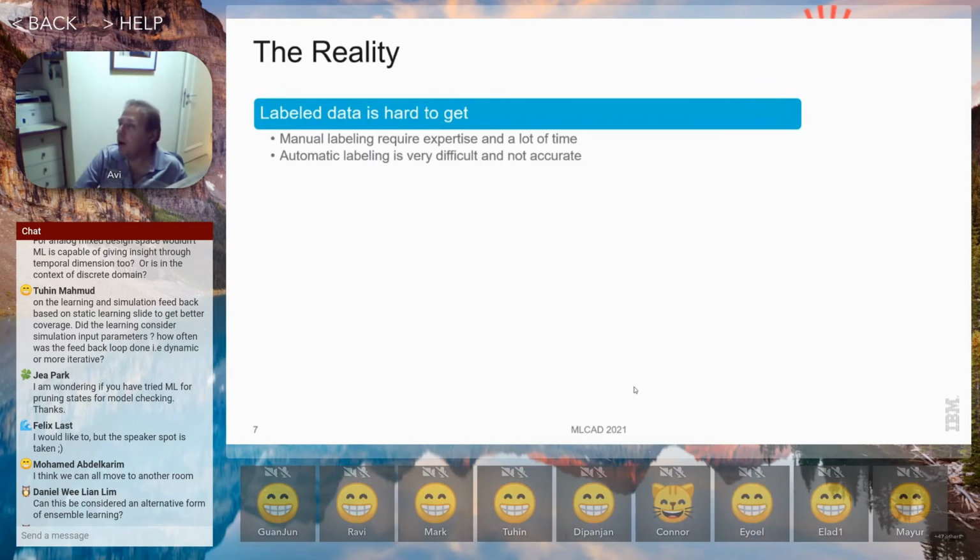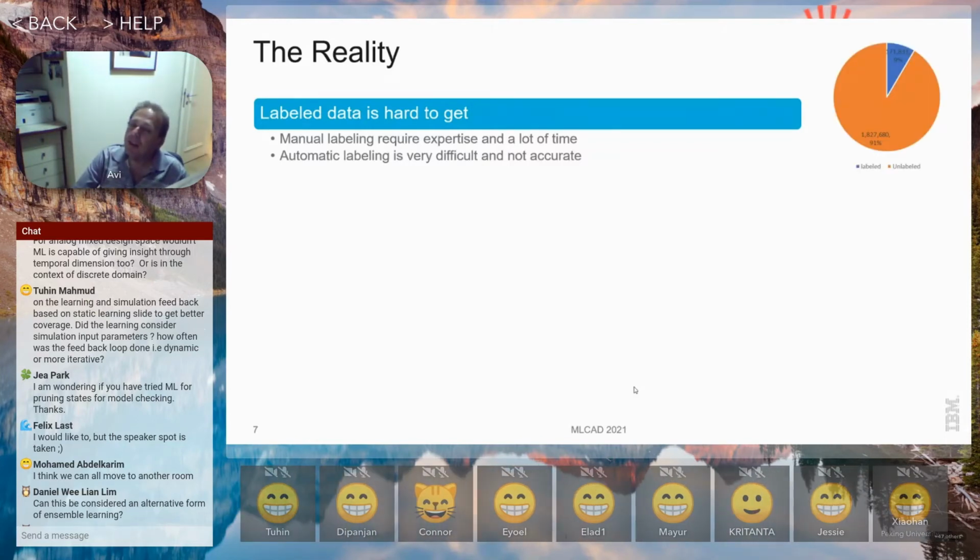Here we have, I don't know, 3-4 experts who can do this labeling, and each labeling takes something between a few minutes to maybe hours of work. And therefore, we cannot ask them to do that much labeling, and therefore, we don't have a lot of labeled data.